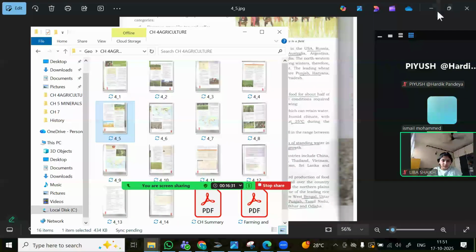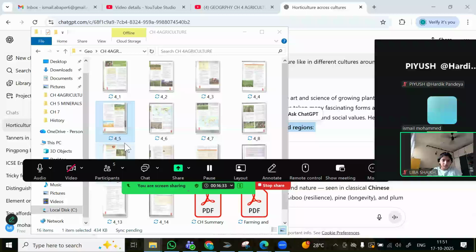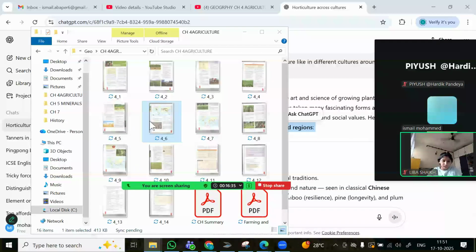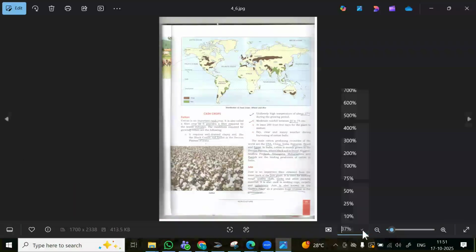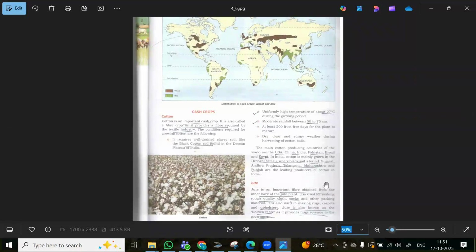So we'll close this one, 4.5, and then we go to 4.6. I'll make it somewhat bigger. I think this is fine. As you can see in the graph, this is the wheat and this is the rice, showing which places in the world produce them. Okay.